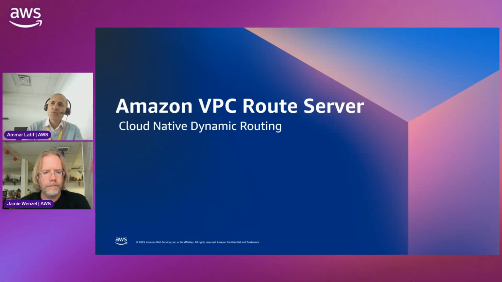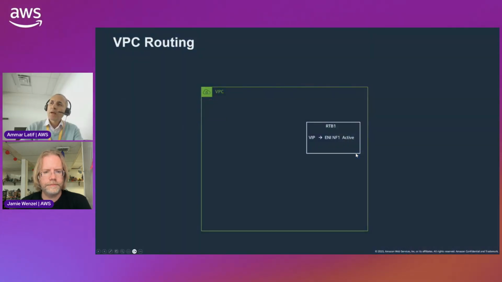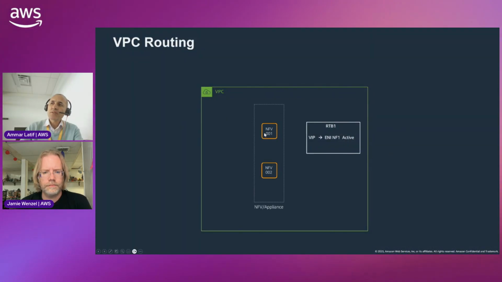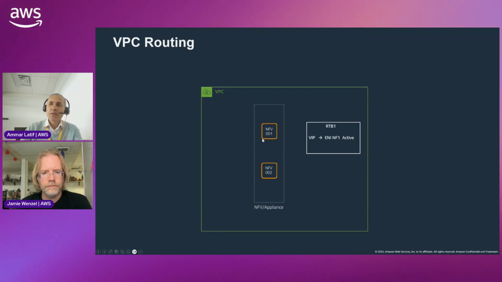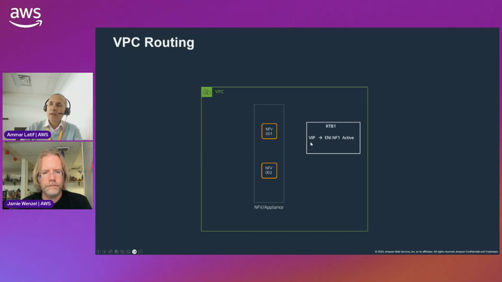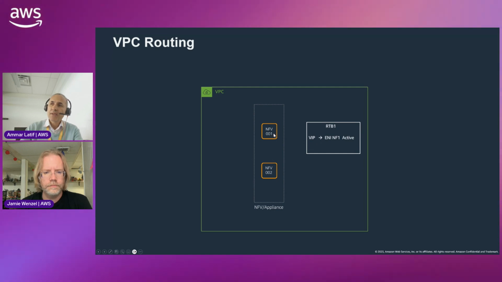So let's go through what we have today in VPC. Let's assume you have two instances, network function one, NFV1 and NFV2, and they could be in separate availability zones for high availability. In a typical VPC route table, you could have a route that points a virtual IP into a specific ENI, in this case, NFV1.